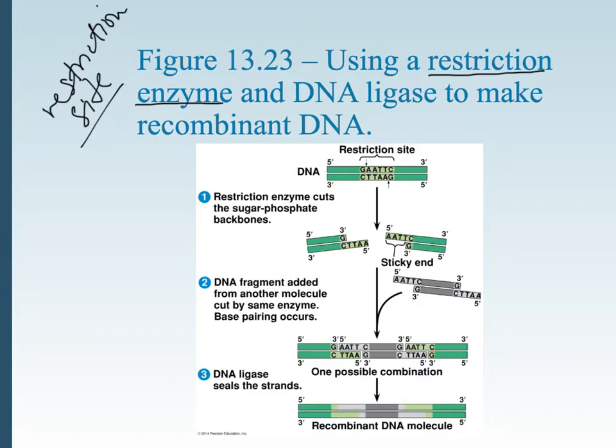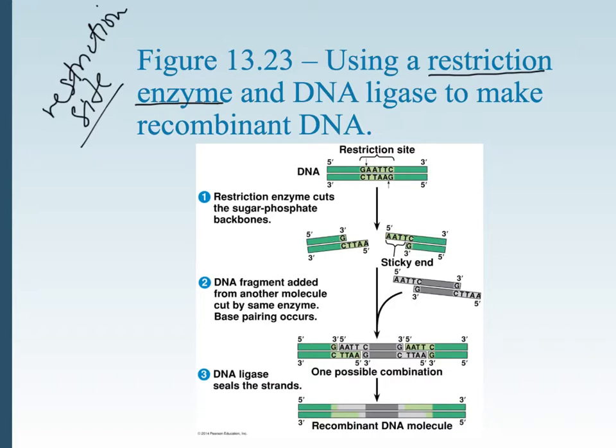But we have to then reform the covalent bond that we broke using those restriction enzymes. You can see that it's broken because of the little gaps here and here. And so we use DNA ligase to go ahead and seal those strands together. So now we have one piece of DNA with two strands that are consistent.